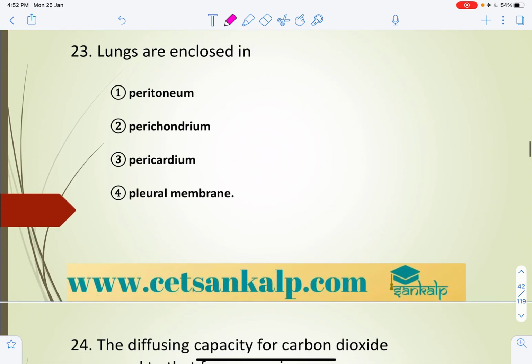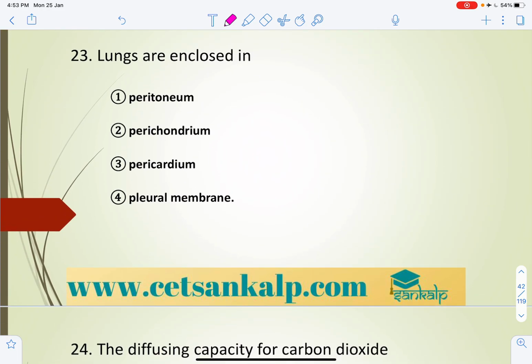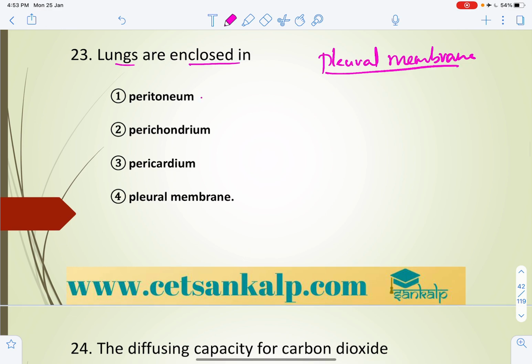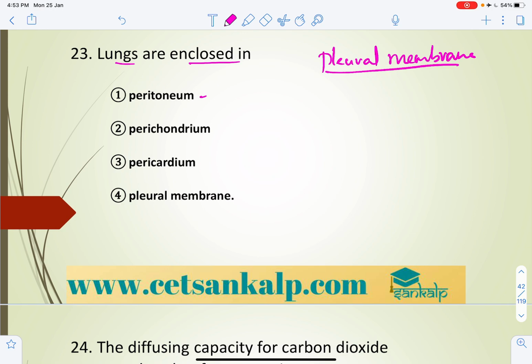Next, we'll take up the volumes later. Here, related to the lungs: lungs are covered by the pleura, where the pleural membranes are the outer parietal and inner visceral. So the lungs are enclosed in the pleura, not peritoneum or perichondrium, that is wrong. Perichondrium covers cartilaginous tissue, and the pericardium covers the heart.